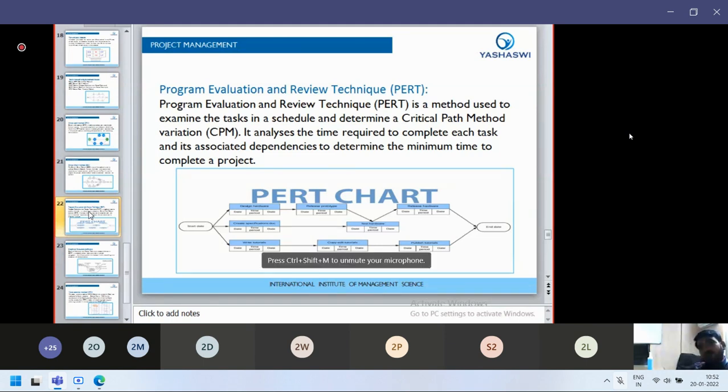Just interaction is important, because a lecture means what? The interaction between students and teachers. Whenever you go to any industry or project after completing your MBA program, at that time you have to interact with people.